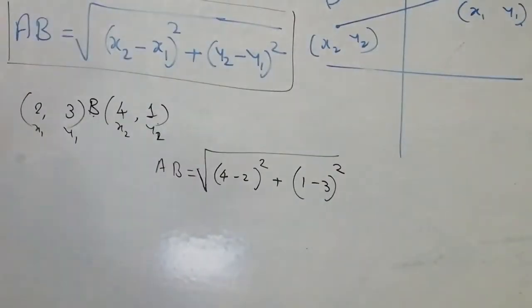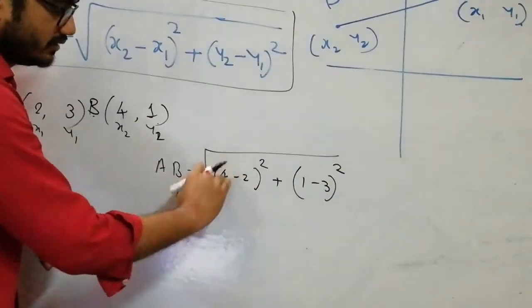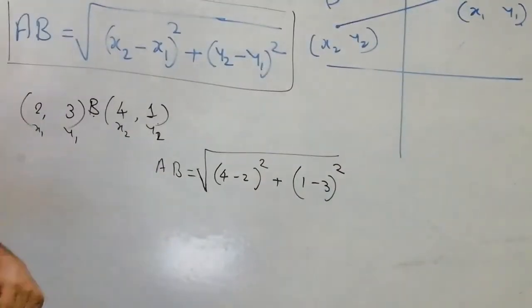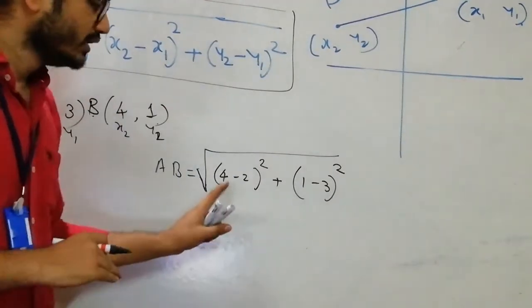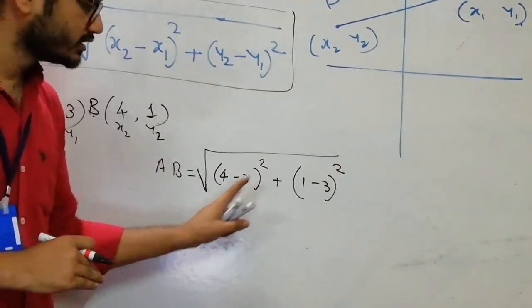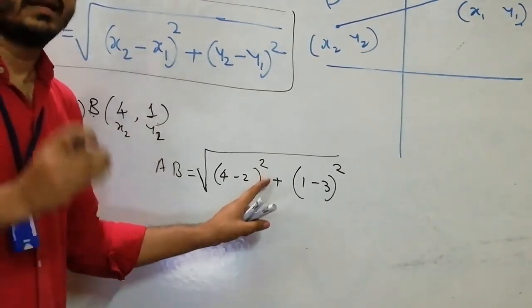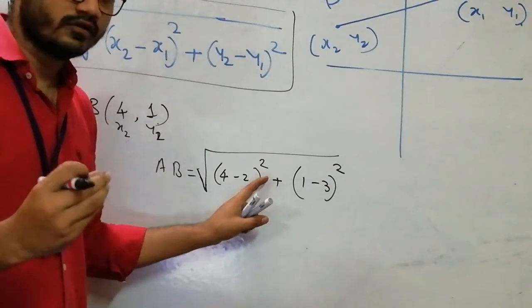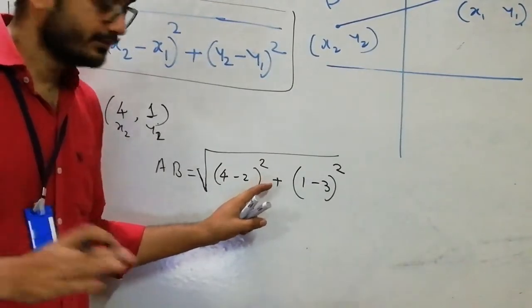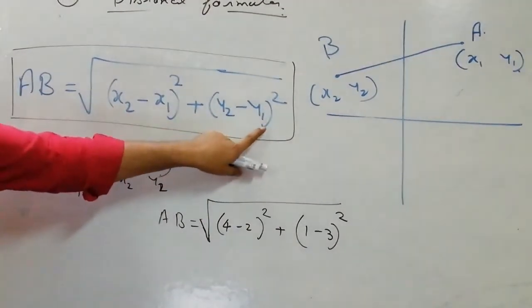Now just let me make one thing clear. If you write it from this side or that side, that will not change your value. The reason is that if it is minus or plus, it is not going to change your value, because after that we are squaring them. When you square a positive number or a negative number, the answer will be positive. But in the formula, write only this one.